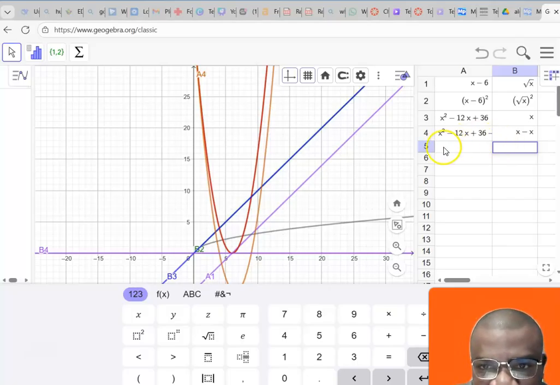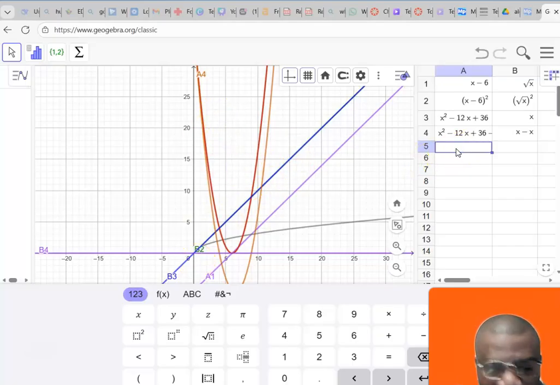Let's now simplify so that we can have 0 on the right hand side of this equation to prove that this is a quadratic equation. While doing that, you see how the graph is gradually appearing, displaying. Now let's simplify, close bracket, A4.